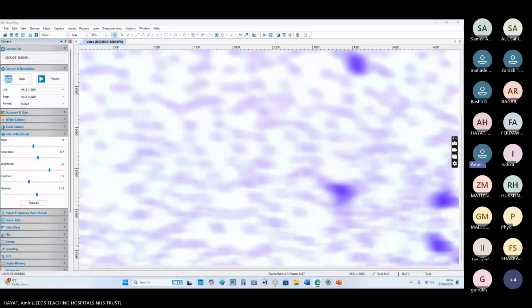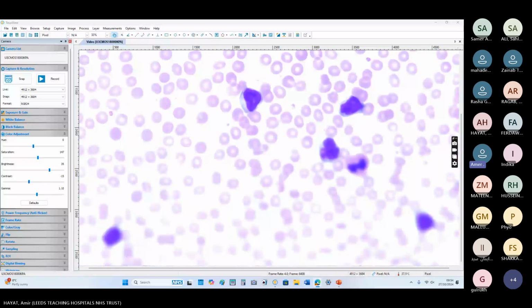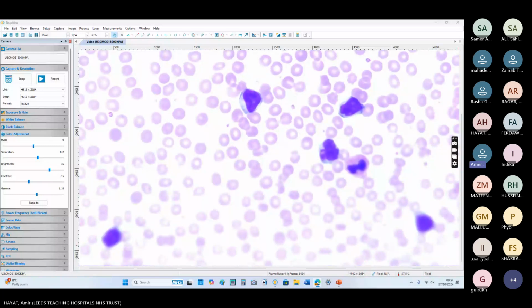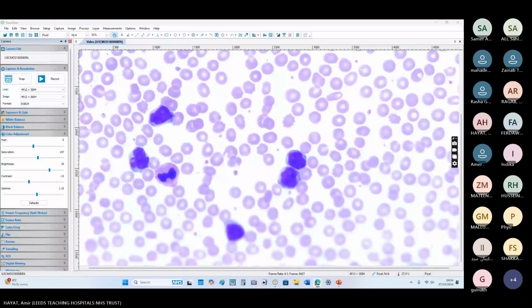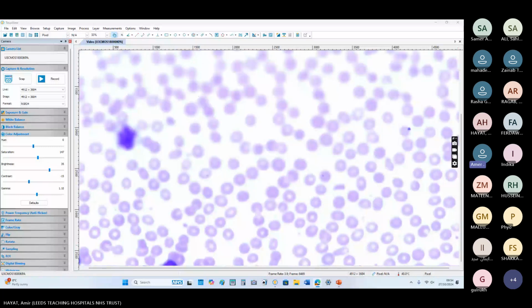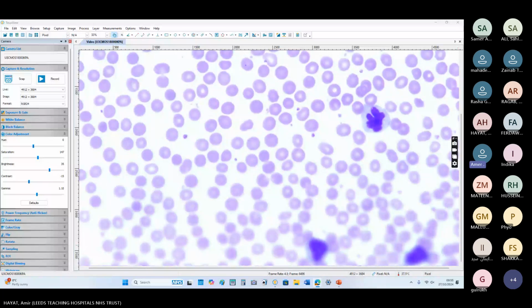For example, the biomedical scientist or the lab staff think that this is lymphoma or acute leukemia, sorry. And this film has been referred to the clinical hematology registrar to comment on that. Is there any clinical hematologist who wants to report this blood film?